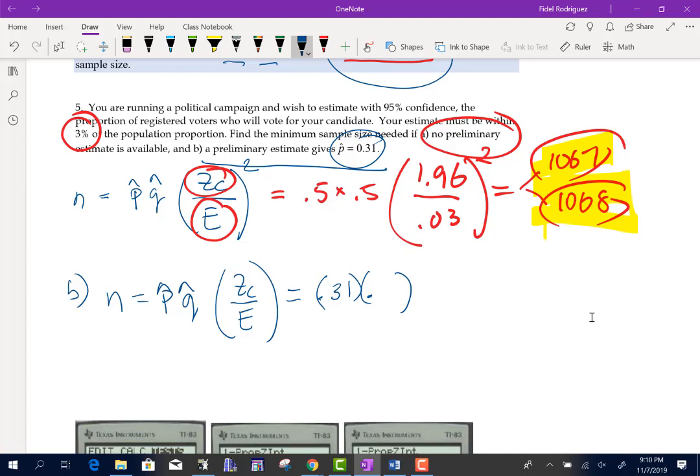But hold on, remember, we got to subtract it from what number? From 1. So if my p hat is 0.31, my q hat would have to be 0.69. Guys, remember, these two numbers have to add up to 1. So wouldn't the rest of it be the same thing?